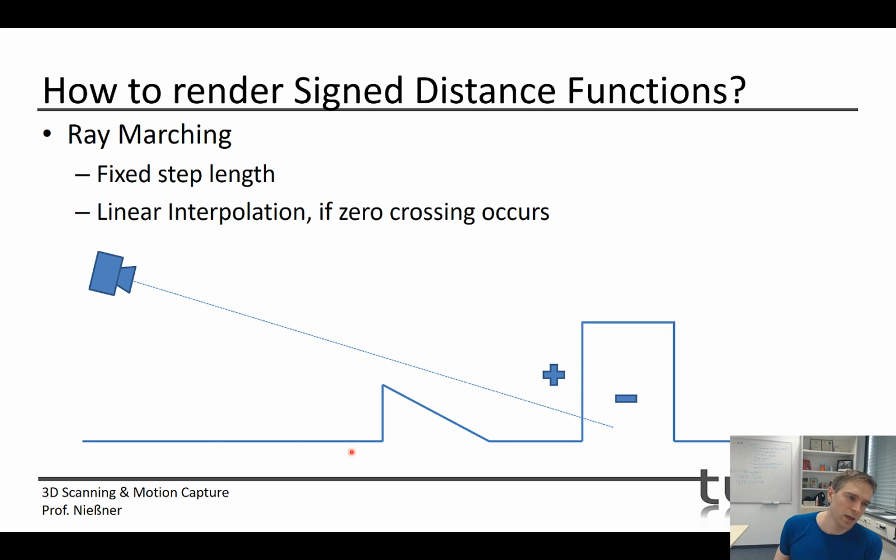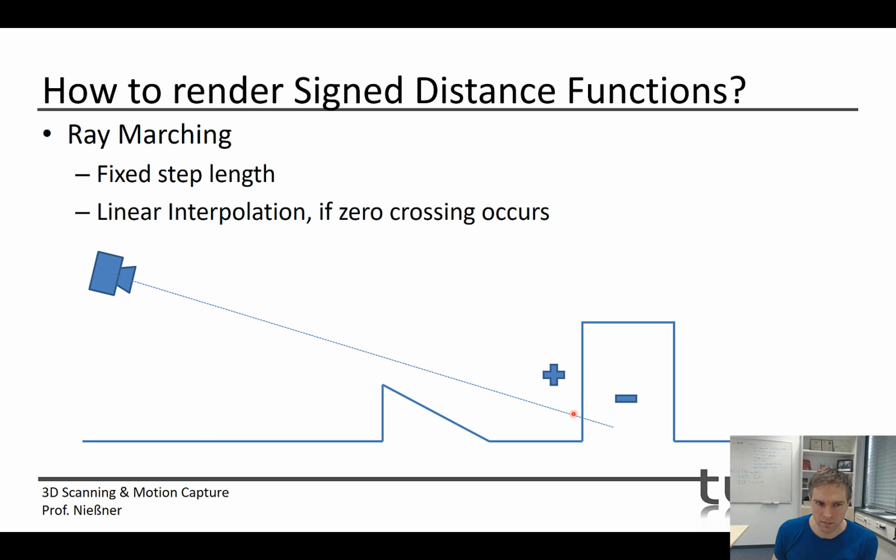Well, let's say this here is our signed distance field, right? Everything here is positive, that is outside the surface, and everything inside here is negative. And every query on the distance field tells you how far away you are from the surface, right?